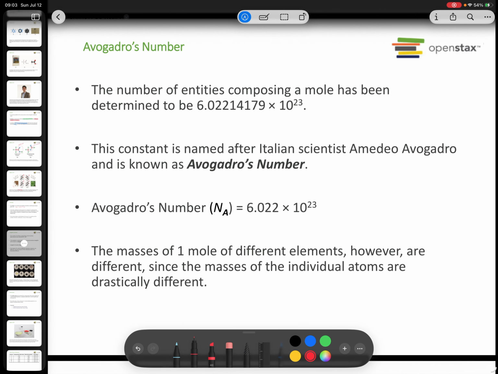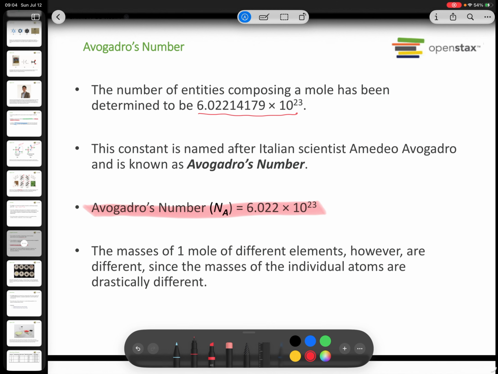So, the number of particles in 1 mole is Avogadro's number. Yun yung tawag sa kanya. So, we usually use the rounded value, no? Itong part na to. Pero ito talaga yung actual value niya, no? So, that is 6.022 times 10 to the 23 particles per mole.